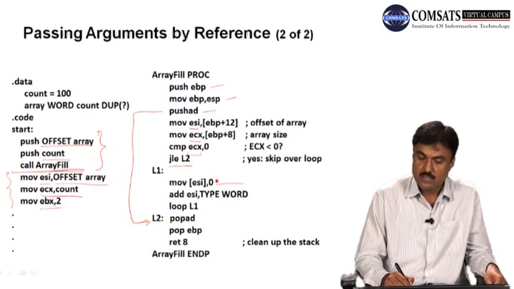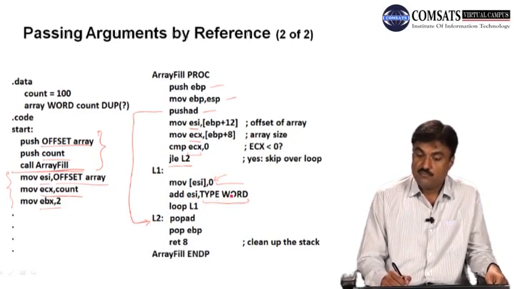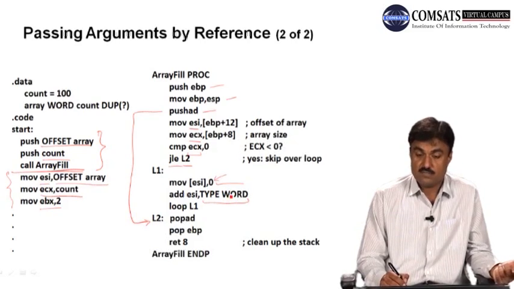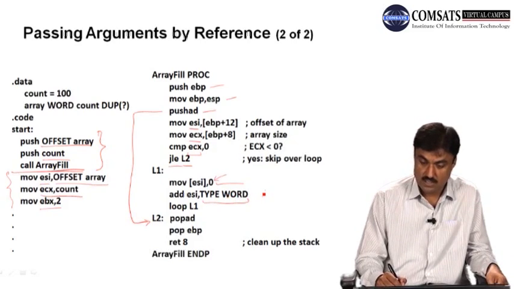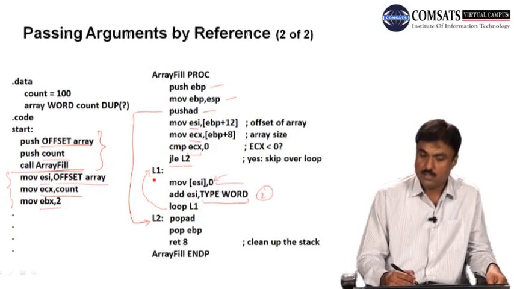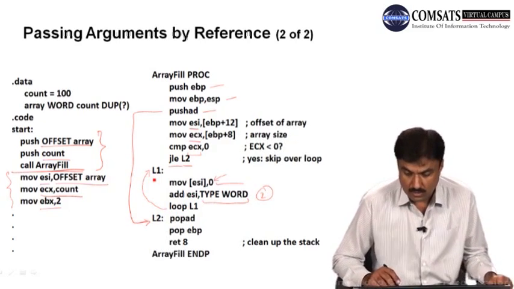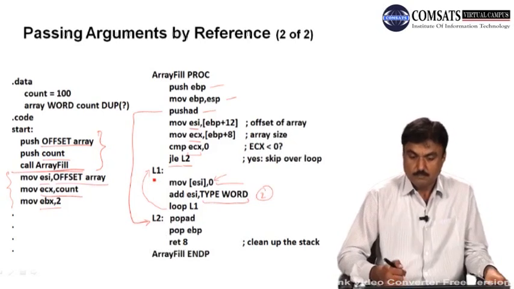Here we are not moving a random value but a constant value, 0, into the ESI location. Then we increment ESI by adding the type of this array, type word, so we are adding 16 bits, or 2 bytes. The loop continues with loop L1. You can use either loop L1 or jump L1.